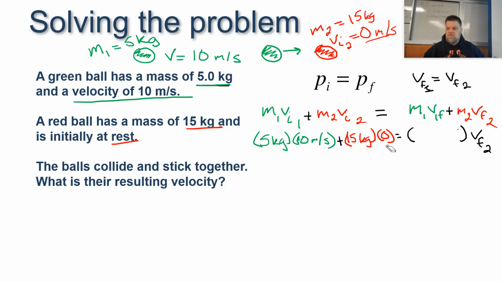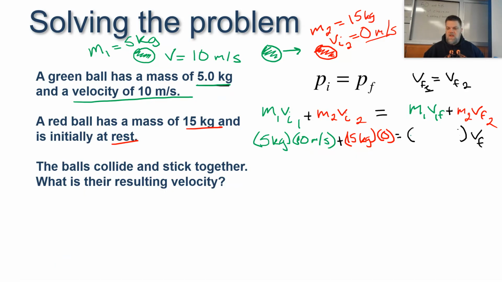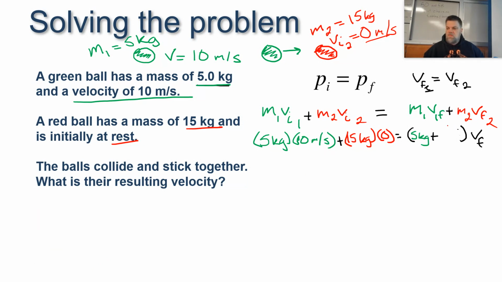It doesn't matter. So then what's the mass? Well, the mass of the green ball is 5 kilograms plus the mass of the second ball, which is 15 kilograms. Okay? Well, immediately this times 0 equals 0, right?